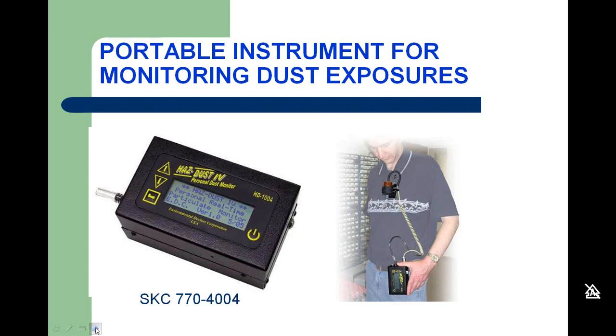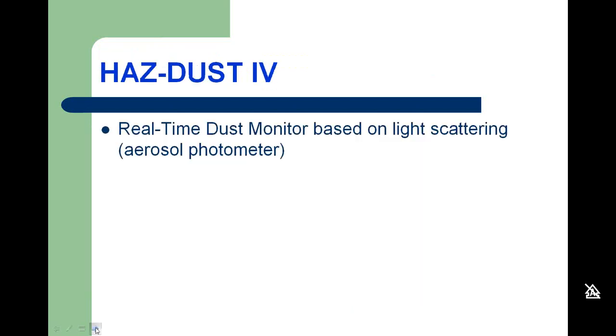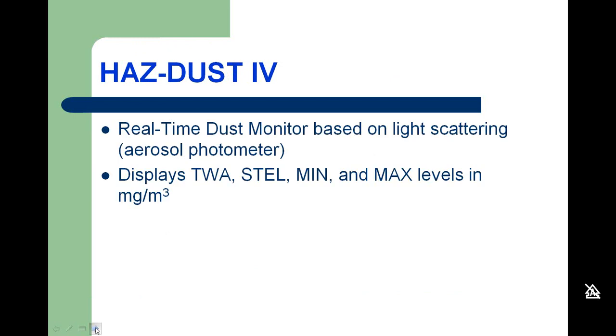We have just reviewed air sampling of particulates followed by laboratory analysis. In many operations, however, occupational hygienists need to determine dust exposure levels on site. For this purpose, SKC offers direct reading dust monitors. The HAZDUS-4 is an aerosol photometer which uses the principle of light scattering for exposure measurements.